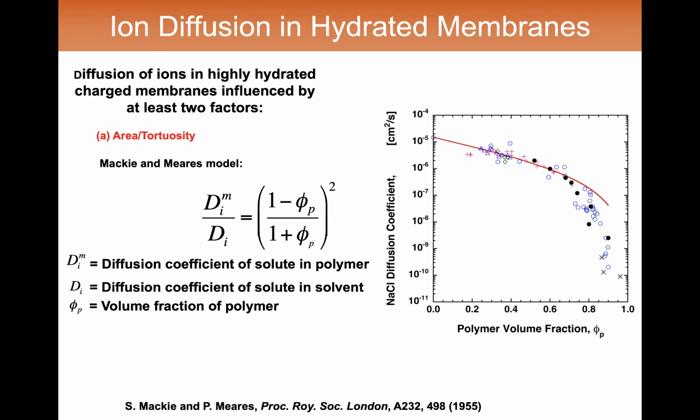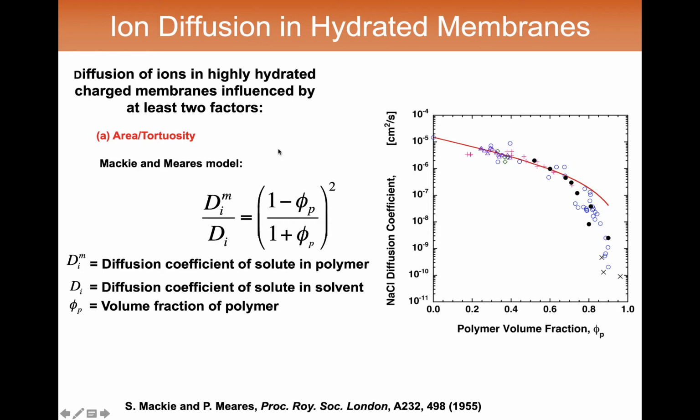It comes at the problem of ion transport through hydrated materials from a somewhat different point of view than the free volume model, but it gives qualitatively similar trends, and it requires fewer adjustable parameters. And so I'll show you how that works. We've also published papers showing the convergence of those two models, or the situations under which you get essentially the same values out of them.